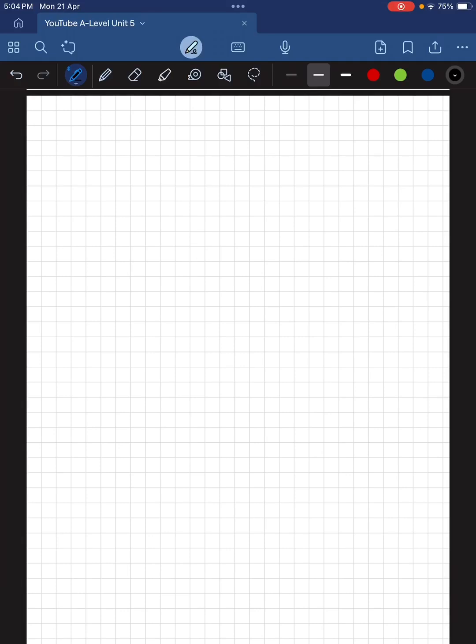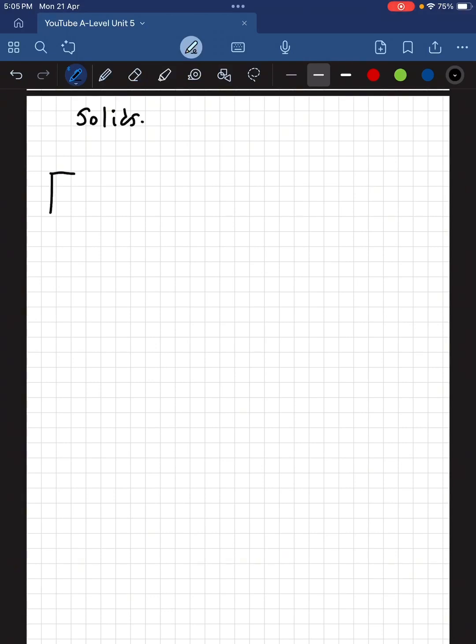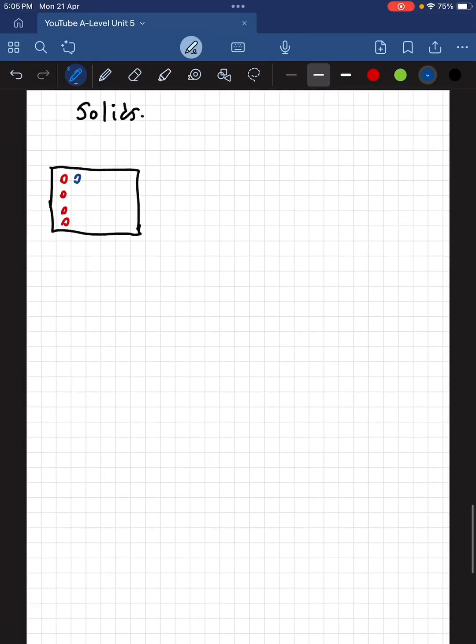So let's take solids, okay? I hope this makes sense. Let's draw a box that is supposed to be a solid, and let's use red to signify, let's say, negative ions, and blue to signify positive ions. So red is negative and blue is positive, okay?